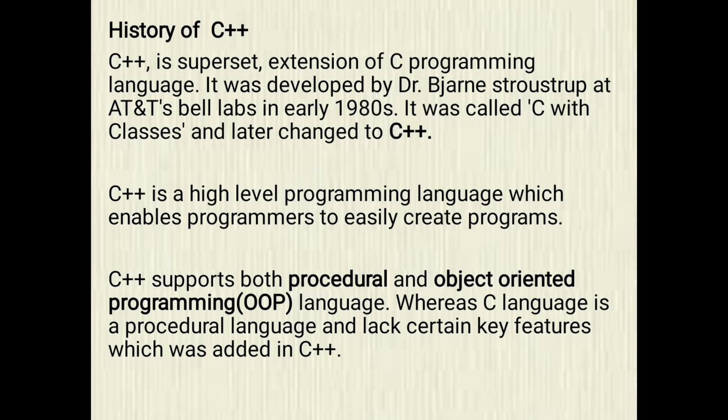C++ uses a high level programming language, which means programmers can easily write the programs because they are written in human readable form. It was much easier to read and much easier to learn, so programmers found it very easy.